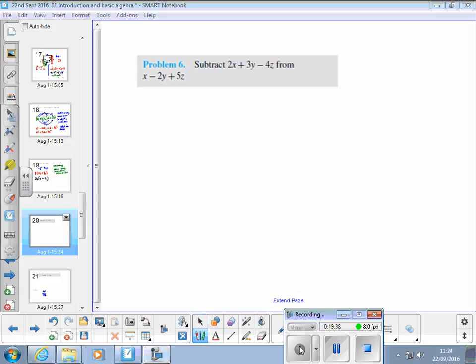Right, gents. How do we do this one? How would you like me to write this problem out? Put them all in brackets? Yeah. Everything else in brackets?